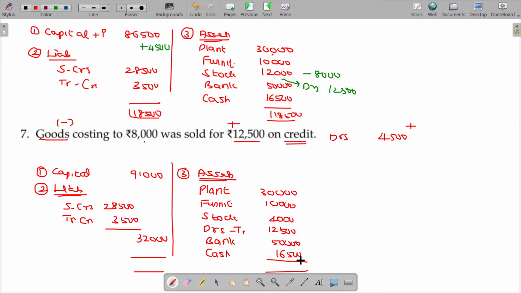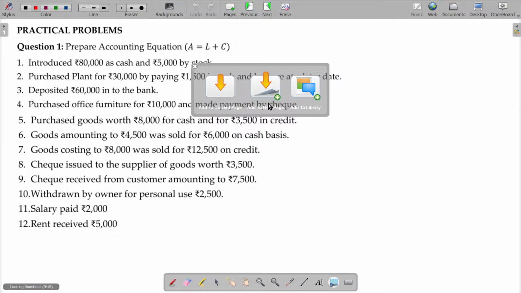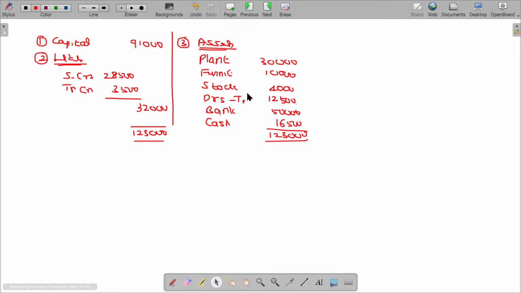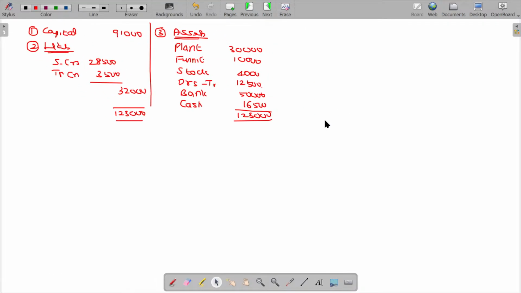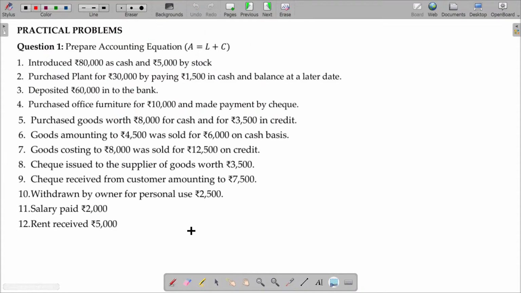After the seventh transaction, I think 1,23,000. 1,23,000. Clear? So interesting, right? Shall I go for the eighth transaction? So I will now move on to the eighth one.